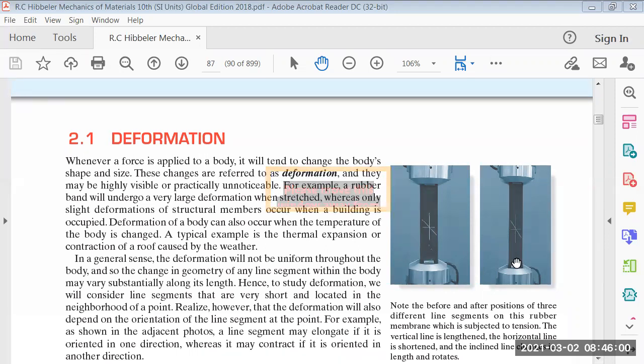So that means after applying the tensile force, we have changed its length, increased its length, so it has experienced elongation.